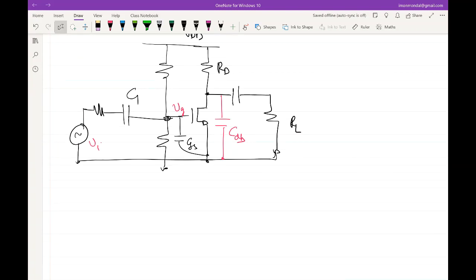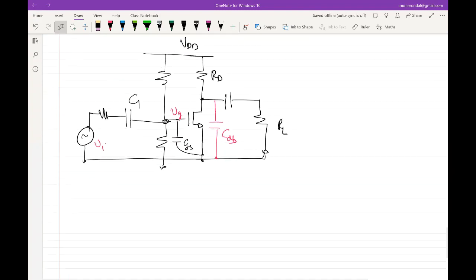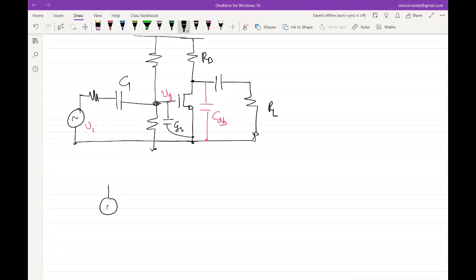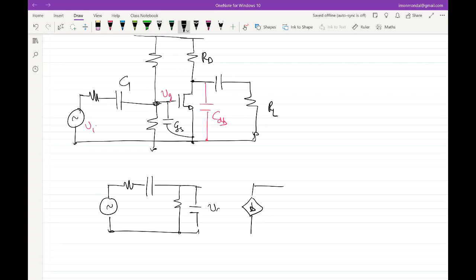Again, if I sketch the input side and if I sketch the entire network, the incremental equivalent is this. You have a GDS.